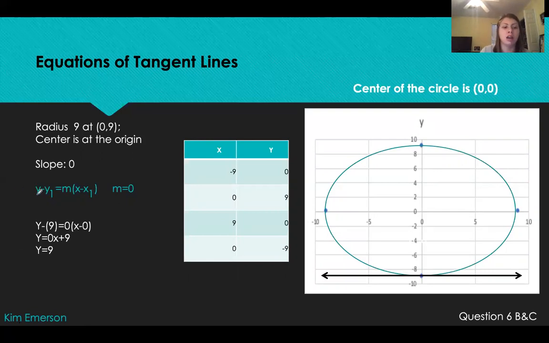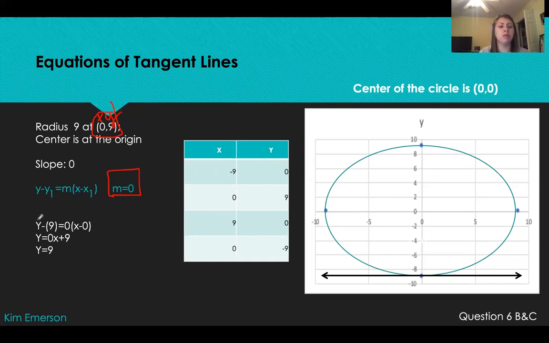So again, y minus y1 equals m, which is our slope, times x minus x1. Well, we already know that our slope is 0 because the line's not going anywhere. So y minus 9, and we're getting that from these points. Remember x, and remember our friend y. So we want to know y minus y1, which this is y1.